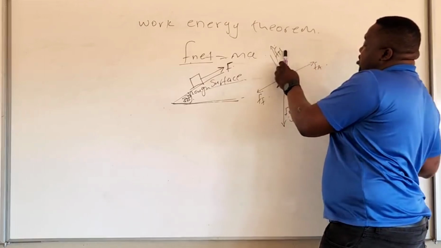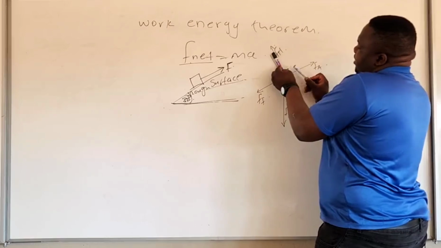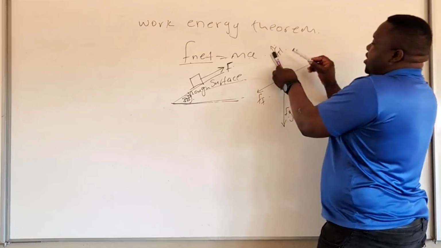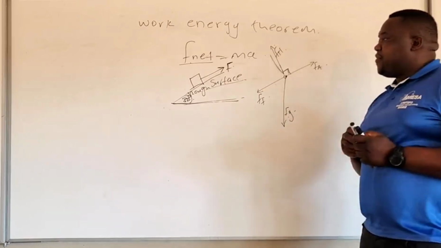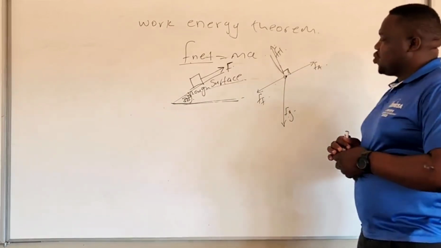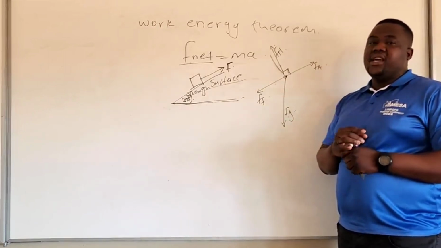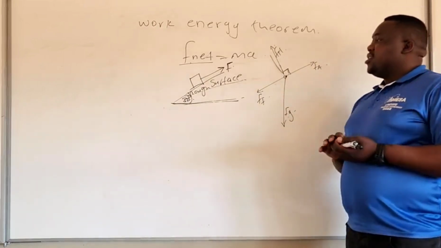So it has to face this side so that we can create 90 degrees between the surface and the normal force, because a normal force is a force which the surface exerts on an object in contact with it and acts perpendicular to the surface.